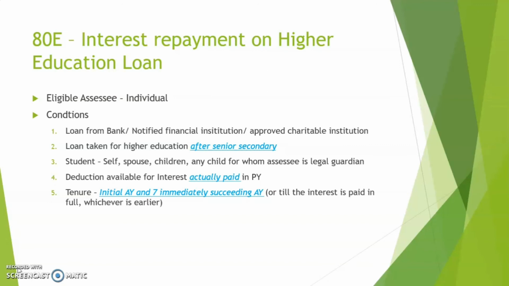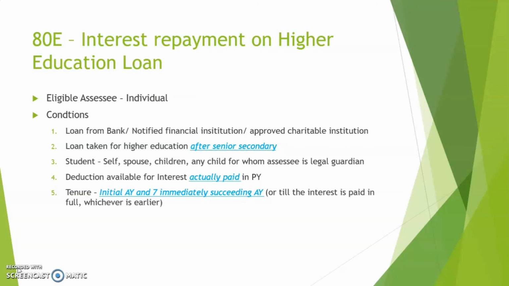There is nothing mentioned as to the dependency of the children. And next, deduction is only available if the loan interest has been paid, and the payment is allowed as deduction for the initial year and the 7 immediately succeeding assessment years, or till the year in which the interest is paid in full, whichever is earlier.